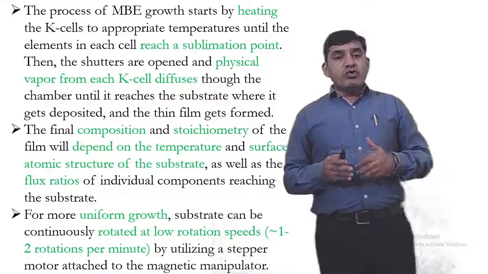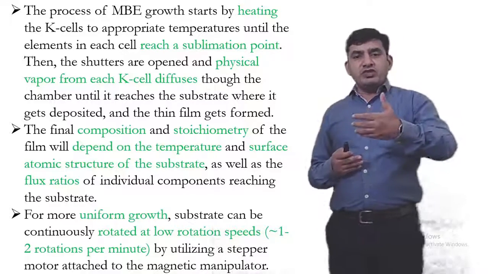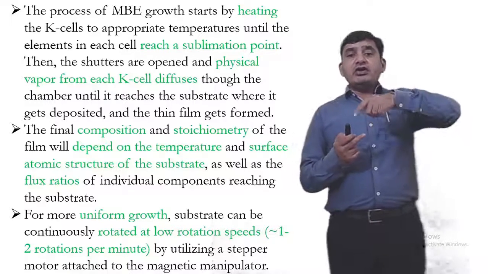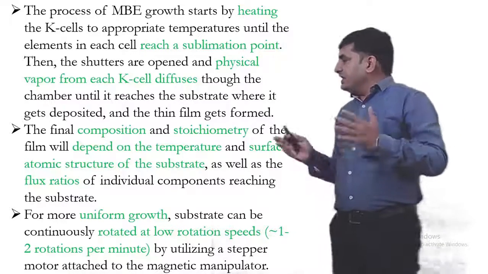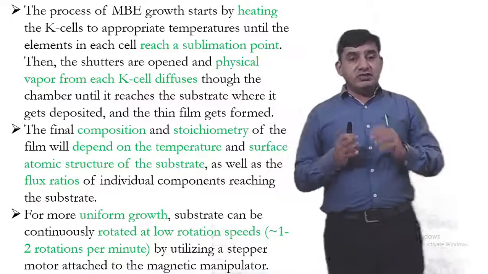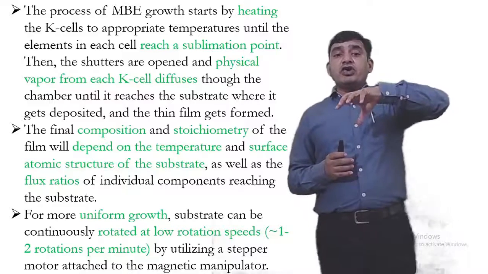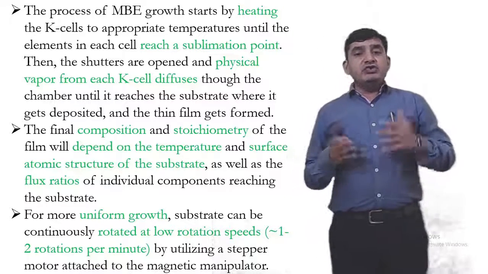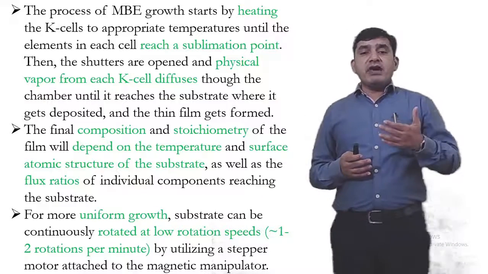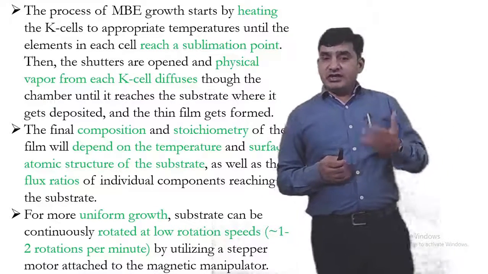For more uniform growth, the substrate can be continuously rotated at a low rotation speed, about 1 or 2 rotations per minute. The substrate can be rotated by utilizing a stepper motor attached to the magnetic manipulator.